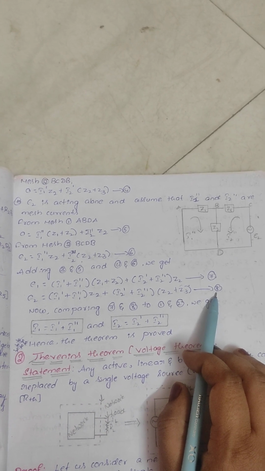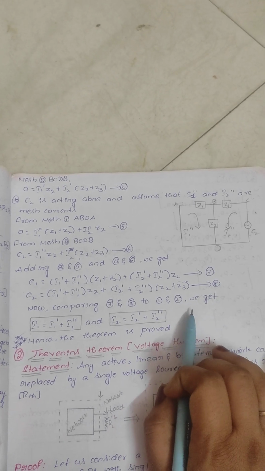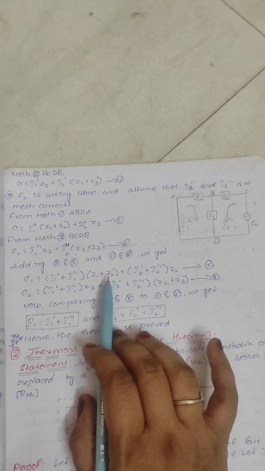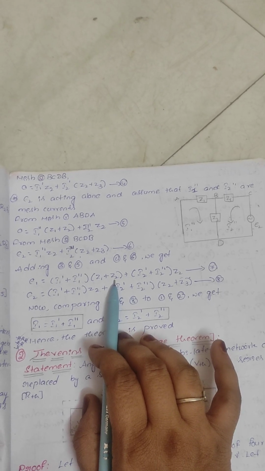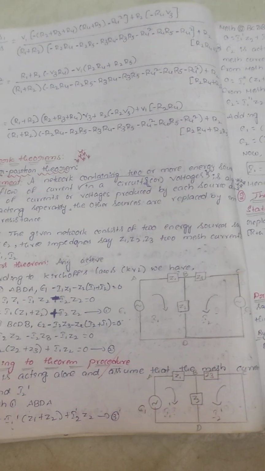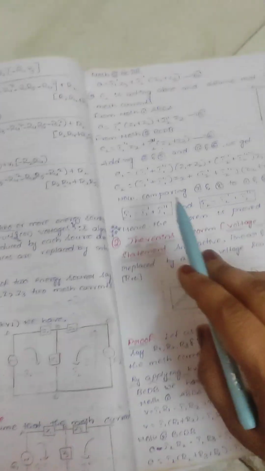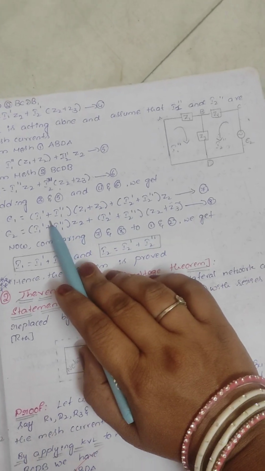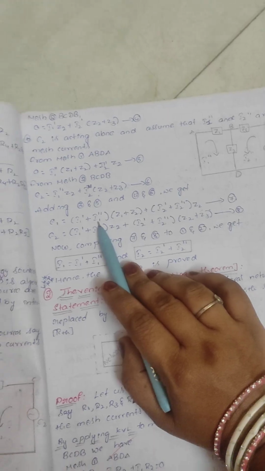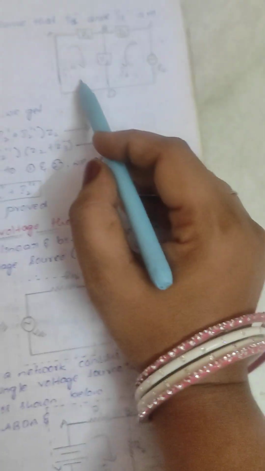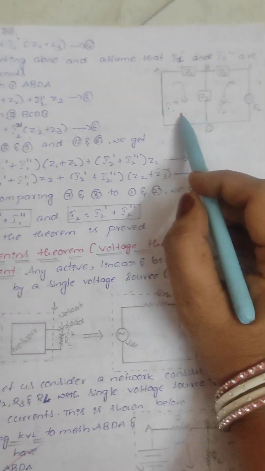By comparing these equations with 1 and 2: here Z1 plus Z2, which one is the multiplicand for Z1 plus Z2 in equation 1? I1. Here we are having I1 dash plus I1 double dash.